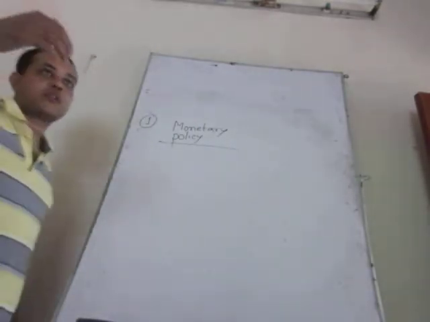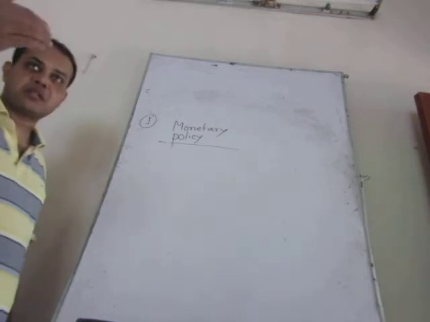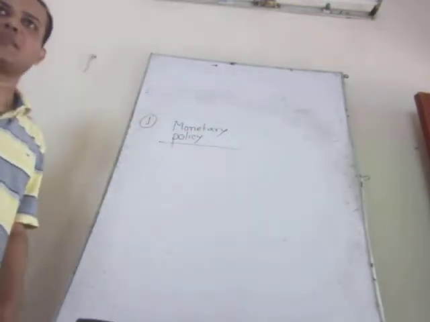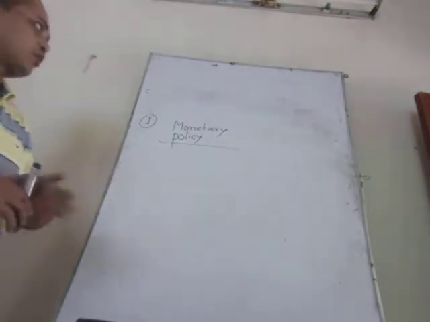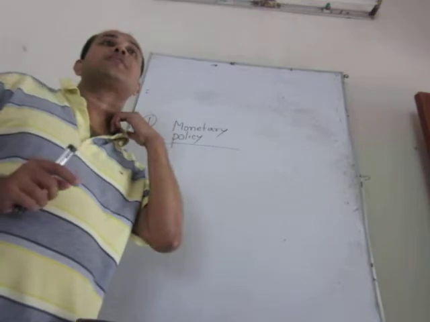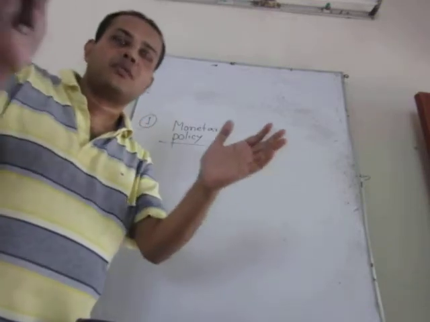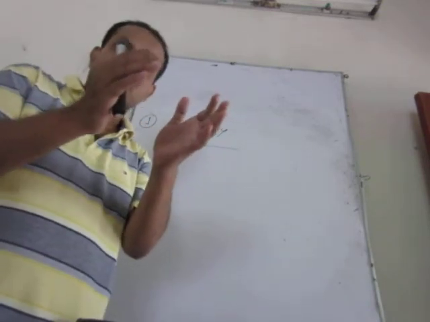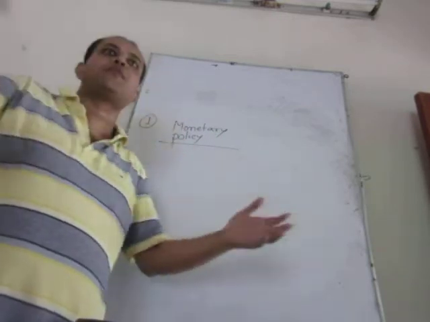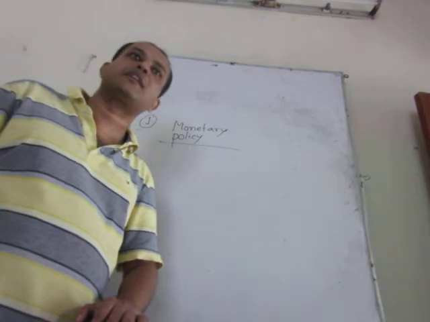Okay. So what situation or what things make the government take the monetary policy? Because there are several kinds of policy. Government can go for any of them, but the government actually takes the monetary policy. First of all, see, if the government wants to control the current monetary supply, why does the government need to do this? Because maybe there is a huge amount of supply in the current economy.